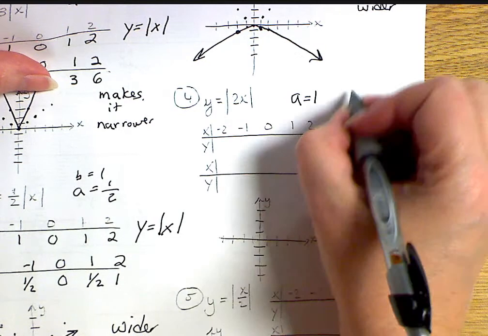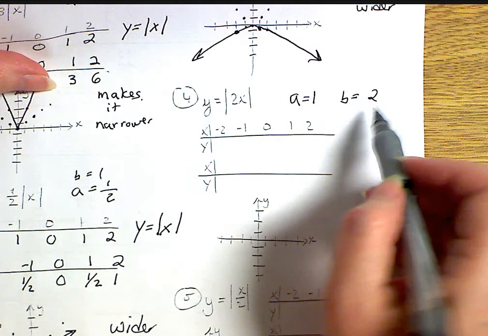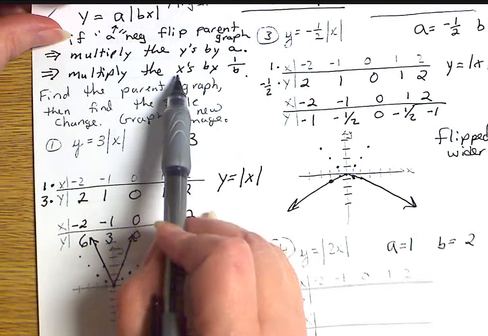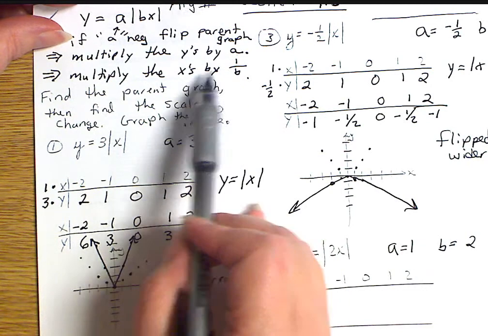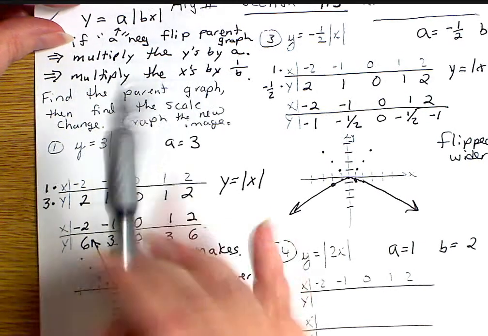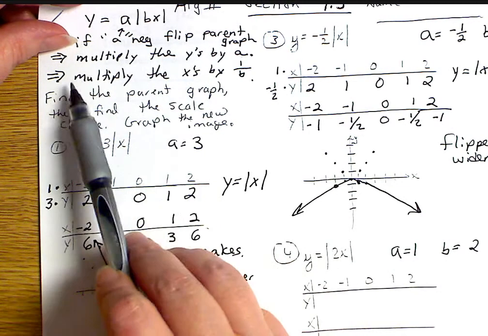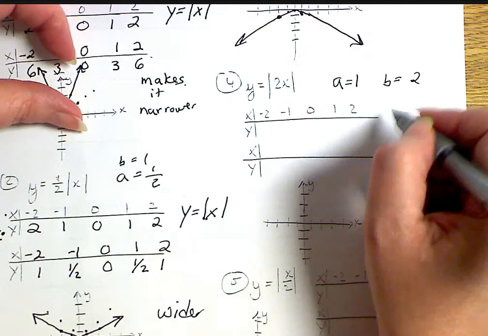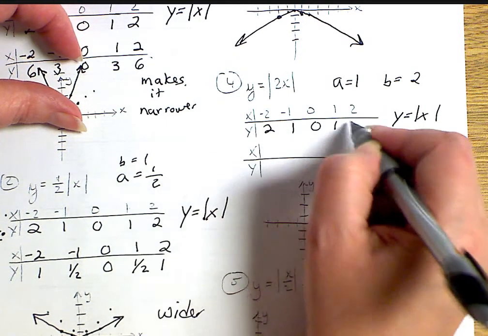but B is 2. When you multiply by B, remember, ladies and gentlemen, it says multiply the x's by 1 over B. Now I can explain to you why it's that, but I'll tell you it's really difficult to understand why. But when you multiply the x's, you're going to multiply it by 1 over B. So our parent graph, remember, y equals absolute value of x, 2, 1, 0, 1, 2, just the positive of it.